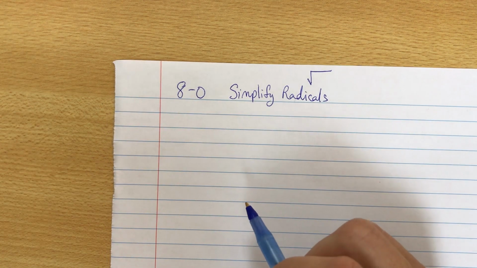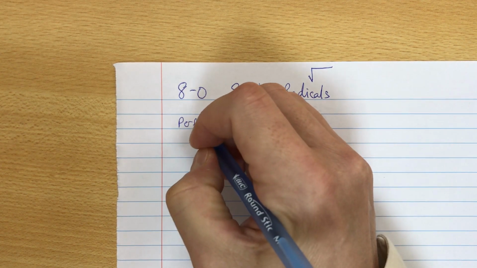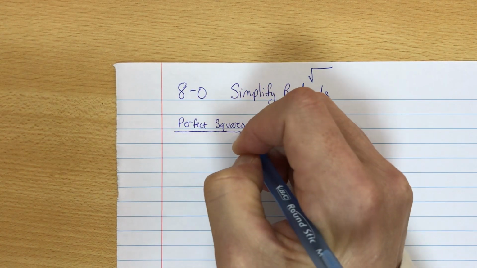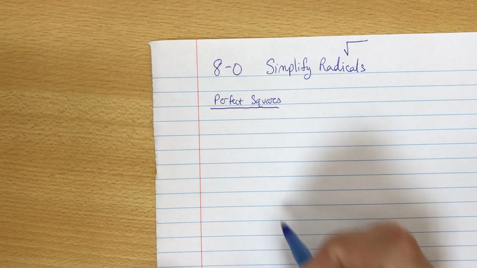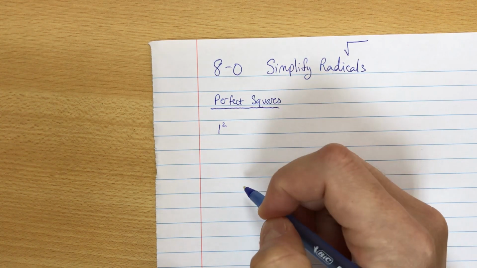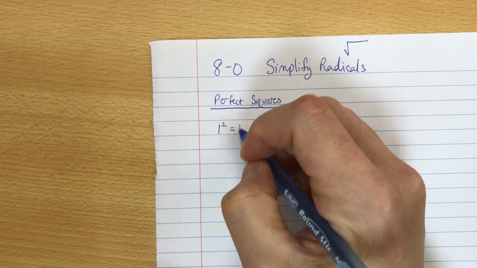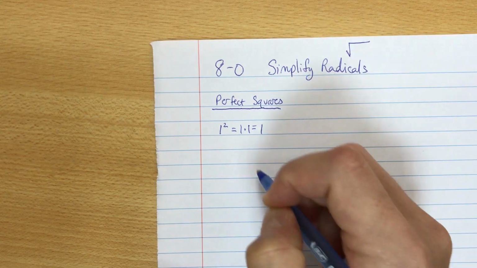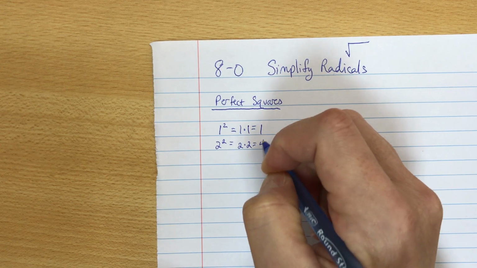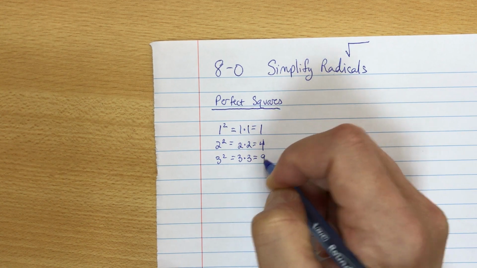All right, to start off, we're going to look at two things. The first is called perfect squares. And this is a review. This is something that you've learned many times. A perfect square is what you get when you multiply a number by itself. So 1 squared, 1 raised to the second power, is 1 times 1, which is 1. 2 squared is 2 times 2, which is 4. 3 squared is 3 times 3, which is 9.